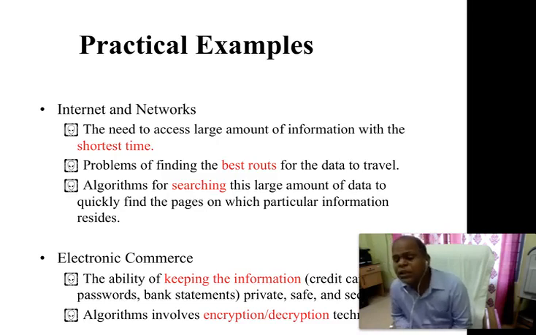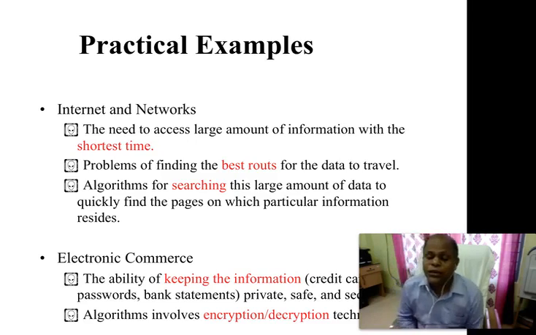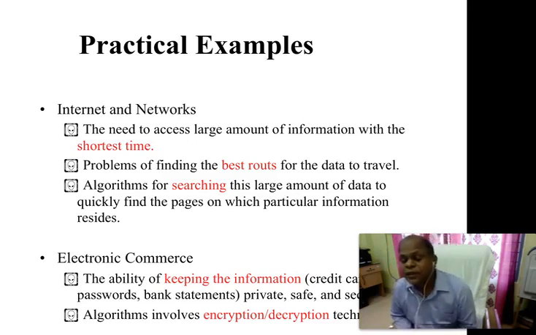In the internet, suppose you want to get some data. The data is somewhere in the server and the data has to reach you. It will follow different paths, and there are many possible paths that the data can travel to reach you.